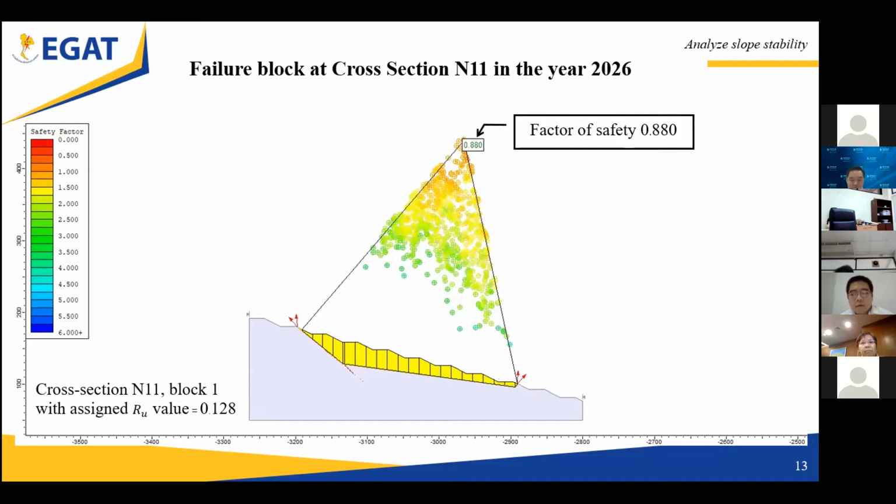Here is a sample analysis of cross-section N11 in this picture. You can see the factor of safety is 0.8, or less than 1. It means this slope can fail.